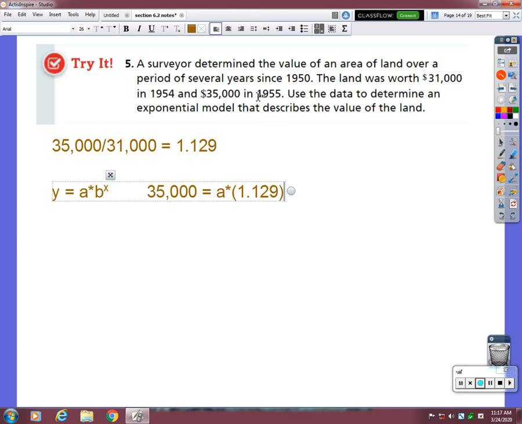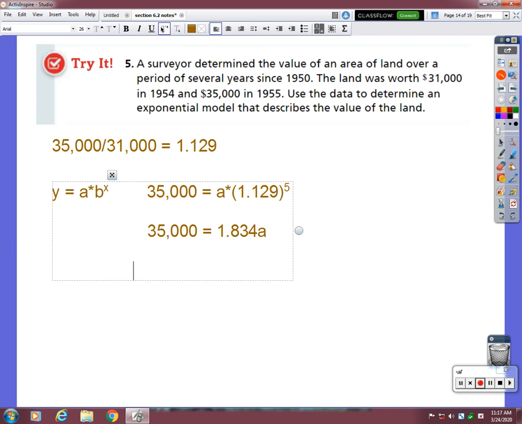In this case this is 1955. We started at 1950, so the exponent is 5. So 35,000 equals a times 1.129 to the 5th, which is 1.834, we'll call it that.